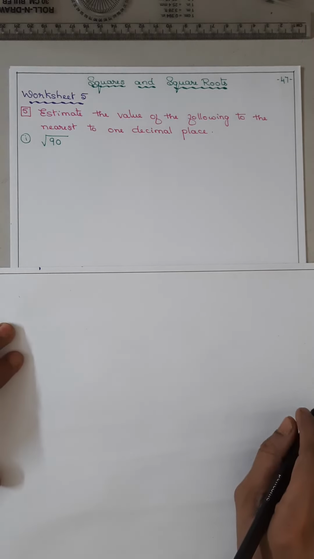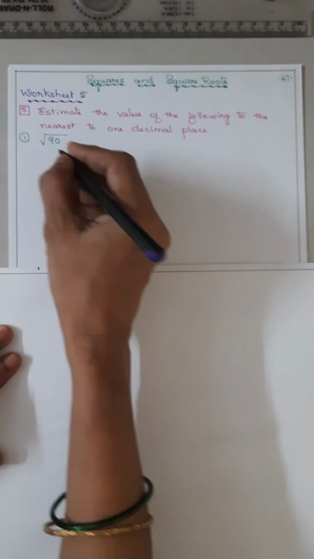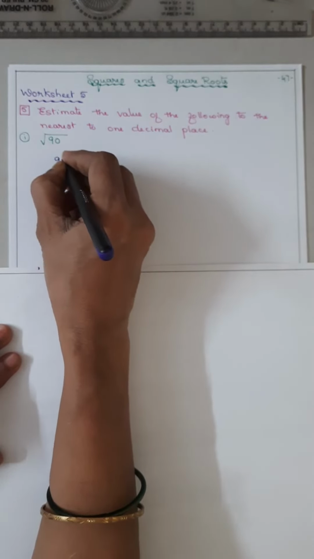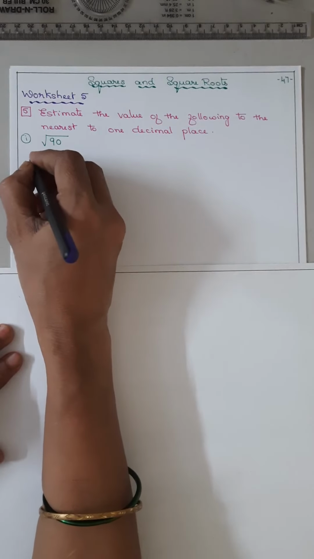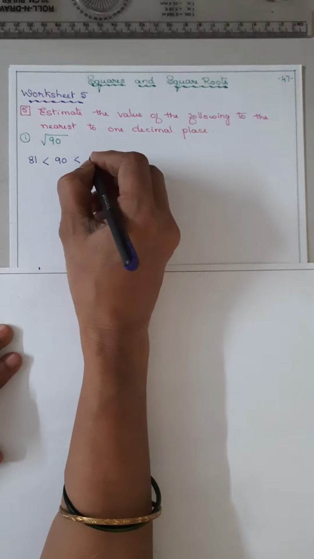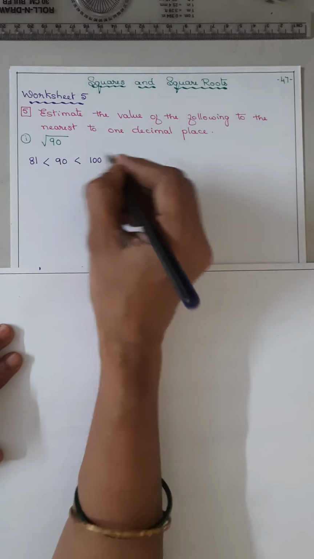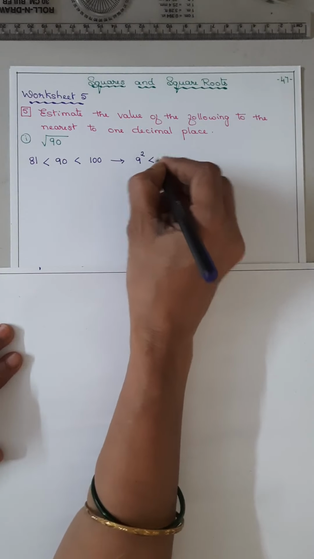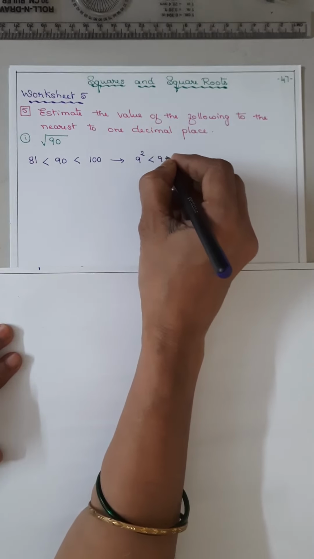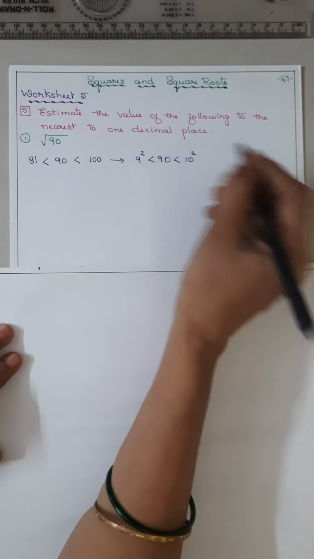The square root of 90. So first see, 90 comes in between which two squares? 90 is between 81 and 100. Yes or no? Now 81 is the square of 9 and 100 is the square of 10.